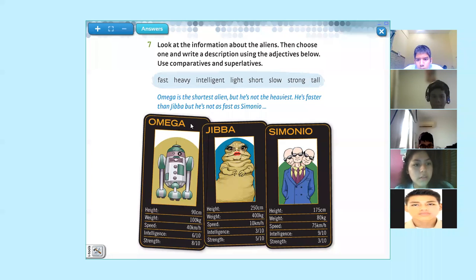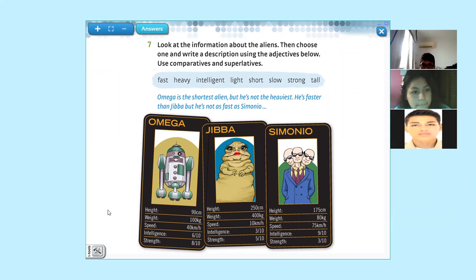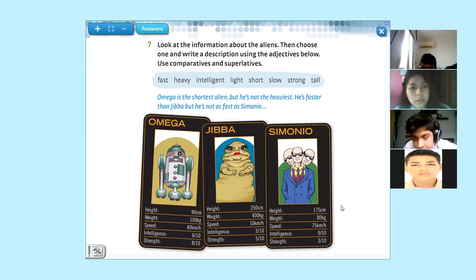What are the aliens' names, please? It's Omega, Jiva, and Simonio. Read the example given, please. Omega is the shortest alien, but he's not the heaviest. He's faster than Jiva, but he's not as fast as Simonio. In these cards, you have all the information: the height, weight, speed, intelligence, and strength for Omega, for Jiva, and for Simonio.